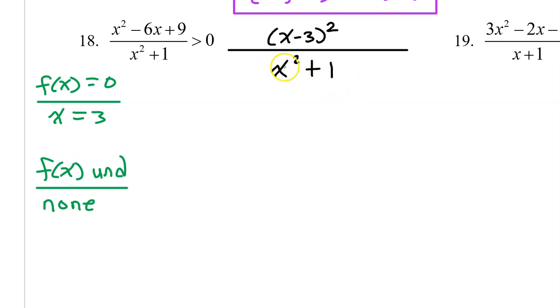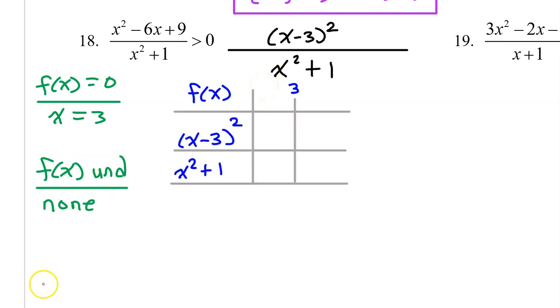When you square something, it's always going to be positive. Or at the very least, it's going to be 0. It'll be greater than or equal to 0. So if you take something that's 0 or greater, and then you add 1 to it, it's always going to be positive. So this expression can never be anything less than +1. So it'll never be 0, it will never be undefined.